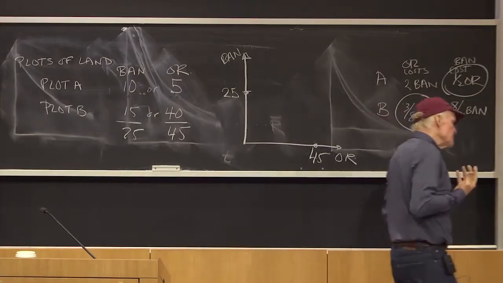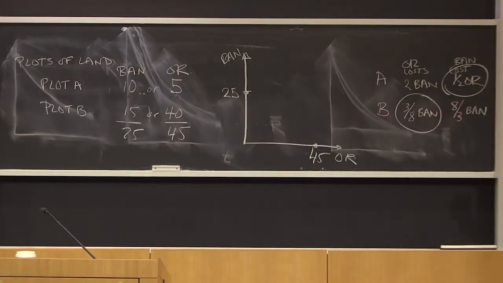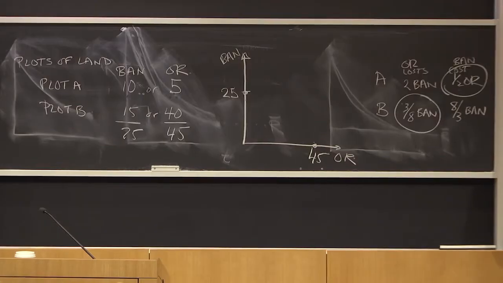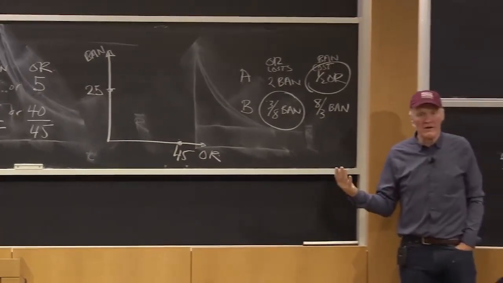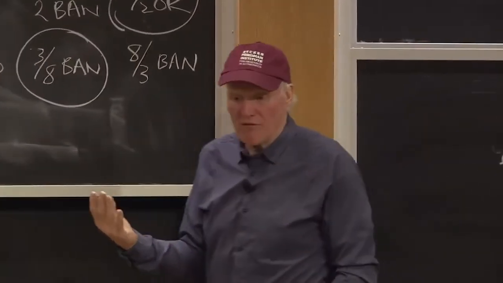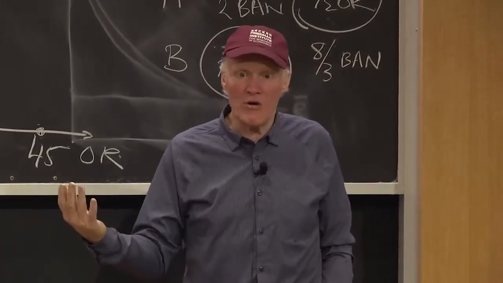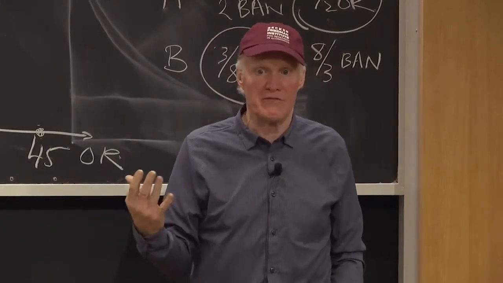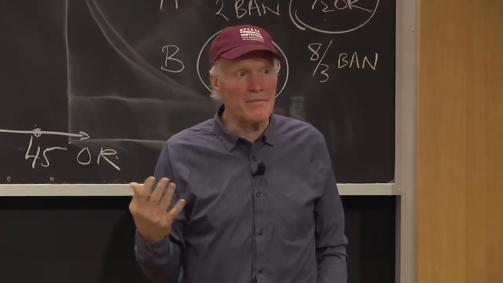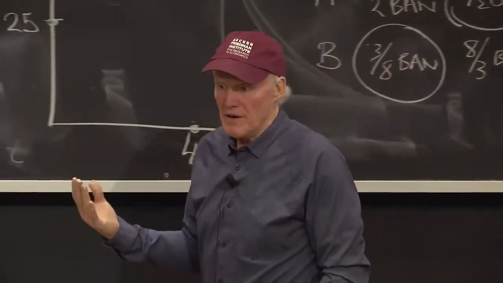So there's two ways to be a low-cost producer of widgets. One is to be really good at widgets. The other is just to be really bad at everything else, right? Either one will work, right? And sometimes people have low cost because they're really good at one thing. Sometimes they have low cost because they're really bad at other stuff. Either one happens. Both happen in the world, right?